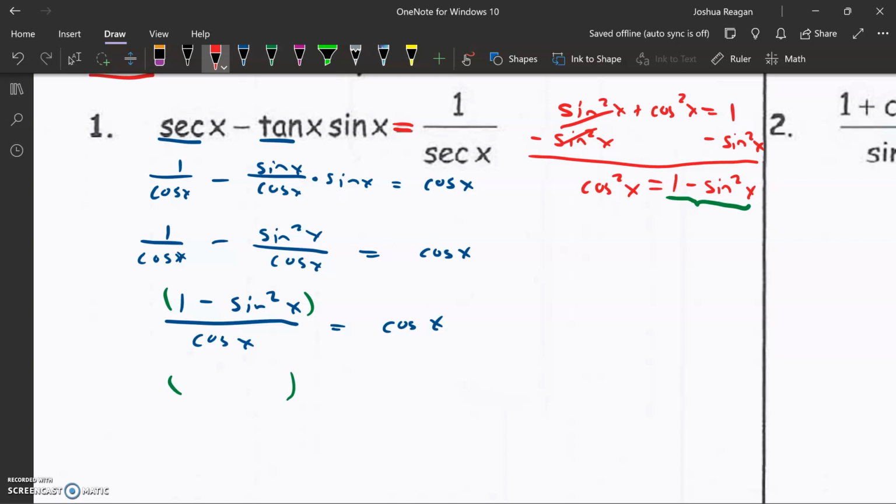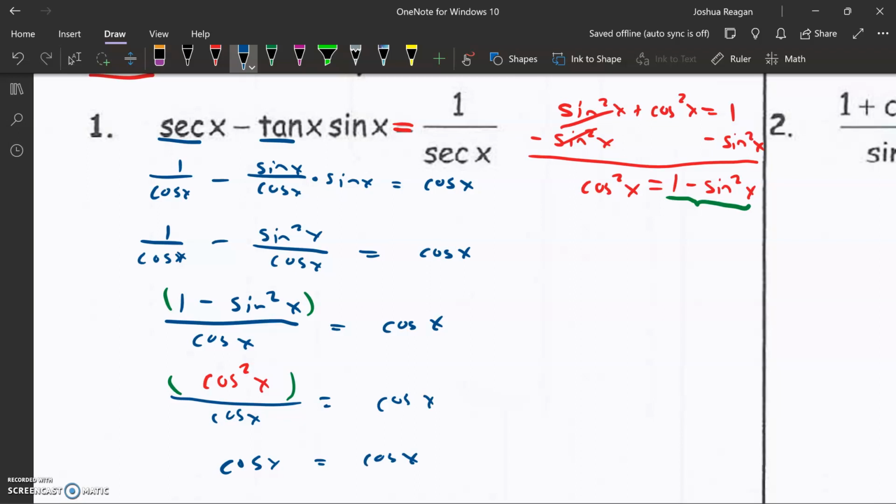Cosine squared of x. So instead we're going to write cosine squared of x, and I'm going to leave everything else the same. That's going to be over cosine of x equals cosine of x. And finally, cosine squared of x divided by cosine of x is cosine of x.